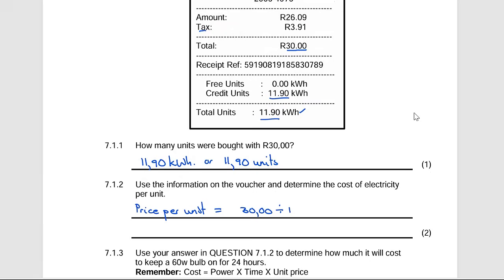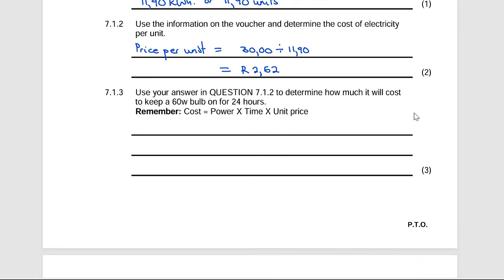Let me use my calculator. 30 divided by 11,90 gives me a value in rands of 2,52. So it's 2 rands and 52 cents per unit, right?